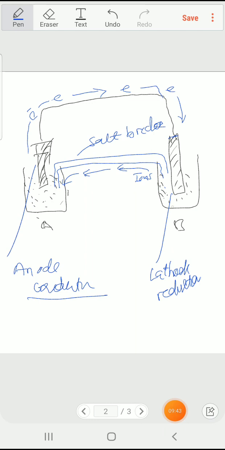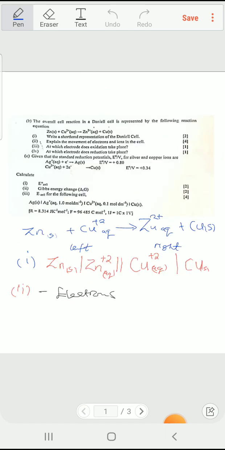The purpose of the salt bridge here is to balance the ions, which will move from here until it balances and becomes the same. So now, I've just shown you using a diagram. Now let's put it in words, but I won't write it because I don't have the space. Again, I've already explained that.